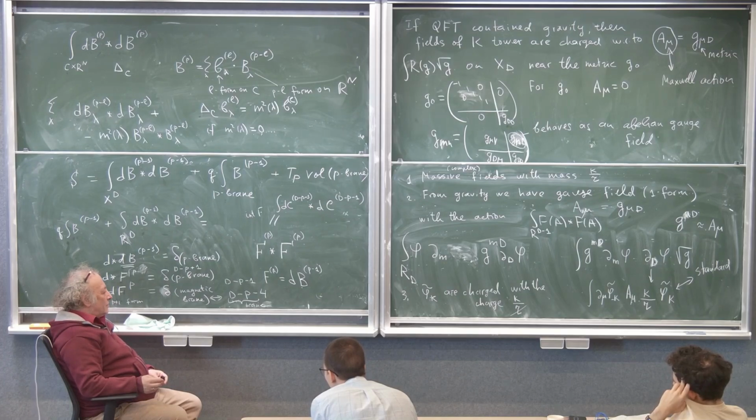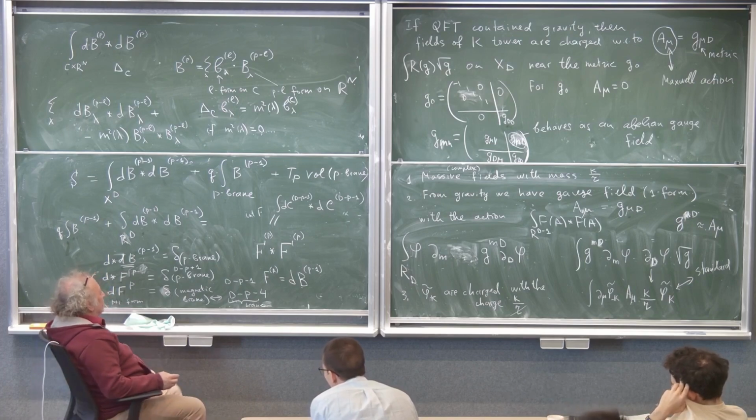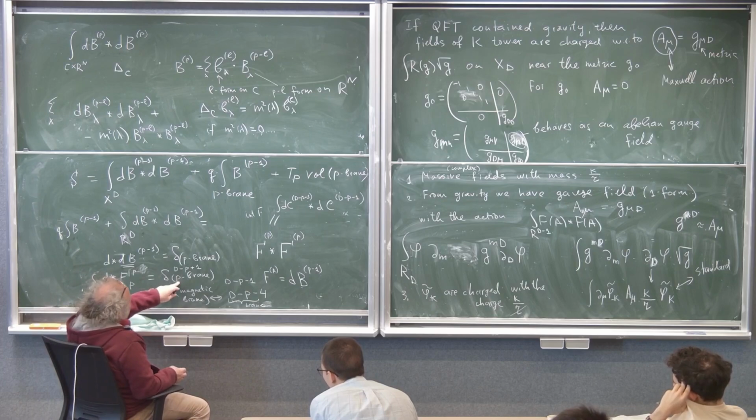Right? So we subtract 2. Wait. In the first line, the p-brane, it's D minus p plus 1.